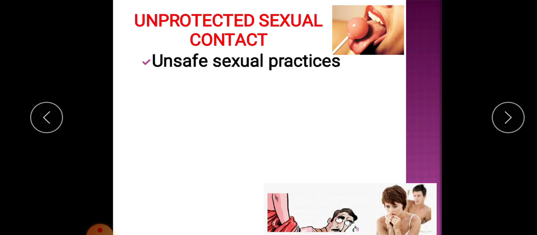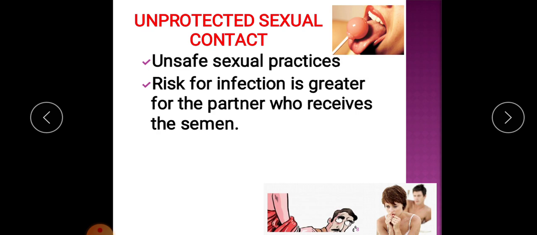So, unsafe sexual practices. So, those sexual practices, the vaginal sex, the oral sex, and the anal sex can actually become a mode of transmission if we are not using a condom or any barrier to protect ourselves or our partner.